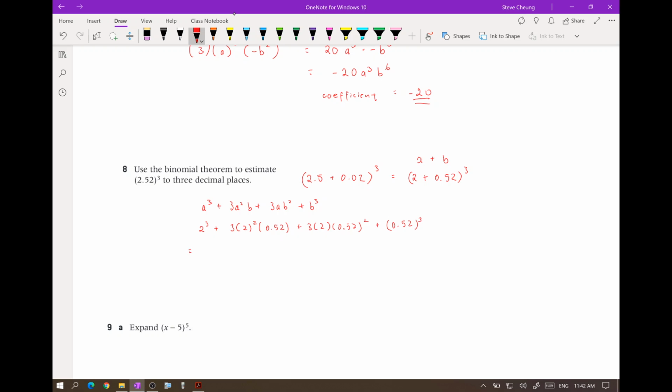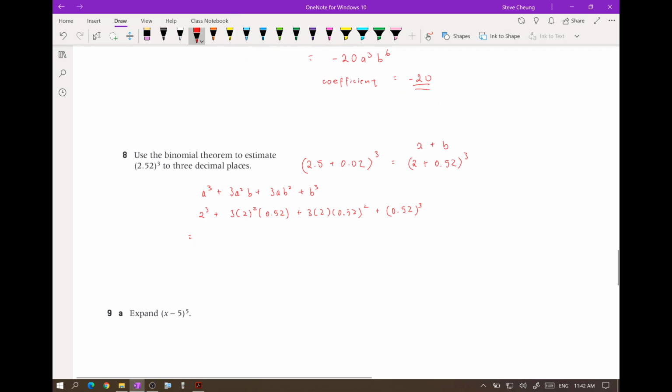So funny thing is, this is not an approximation, right? It says estimate, but we're not really estimating. This is actually the full answer. So this turns out to be that, and then we just round it. So not a very good way to actually answer the question.